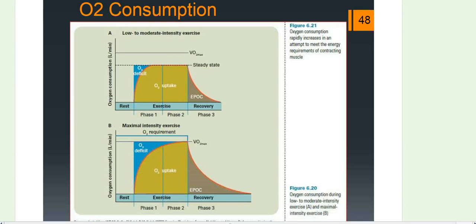Looking at oxygen consumption during low to moderate physical activity, we start to exercise and our oxygen consumption increases to meet our demands, and fairly early on in activity we will actually meet our demands, so our oxygen uptake stays similar.